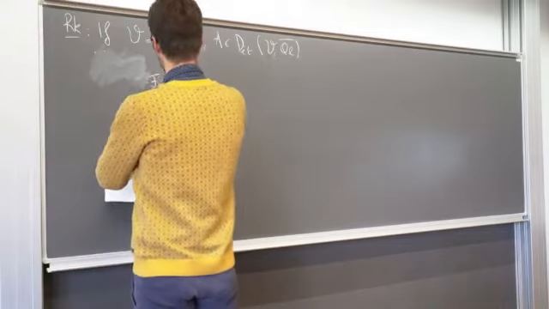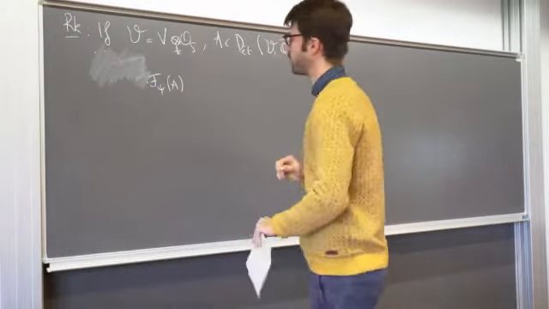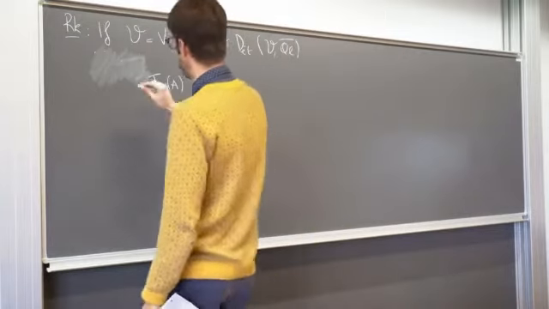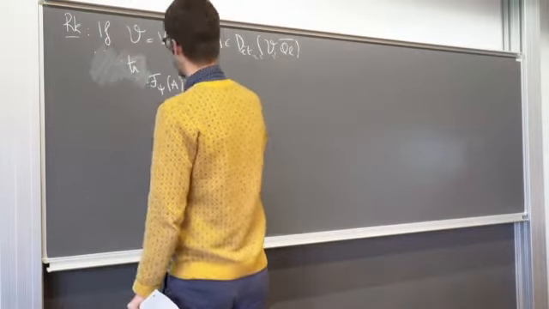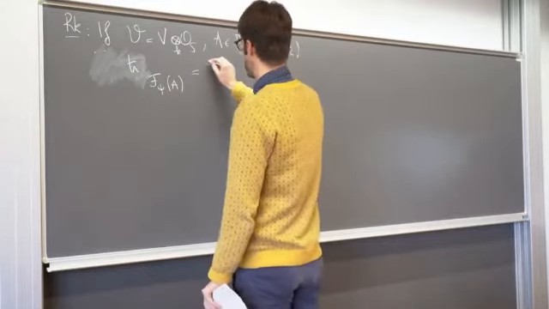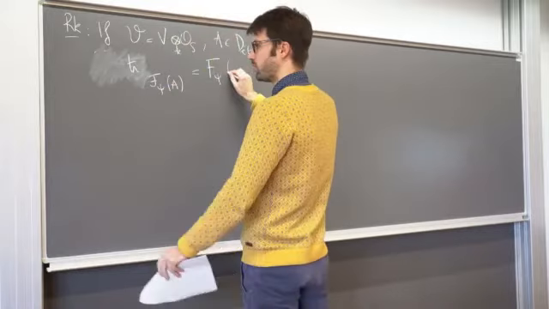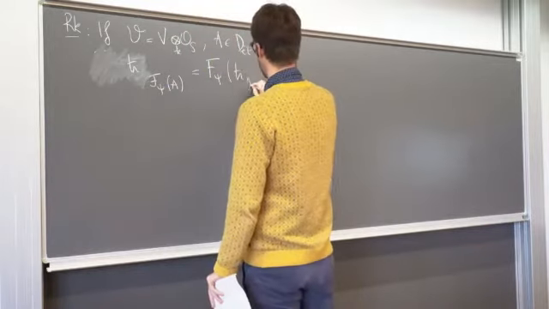I take the geometric Fourier transform of A, and this gives me a complex of l-adic sheaves on V dual. So I take the associated Frobenius trace function, and this is just what you obtain by applying this function-theoretic Fourier transform to the trace function of A.